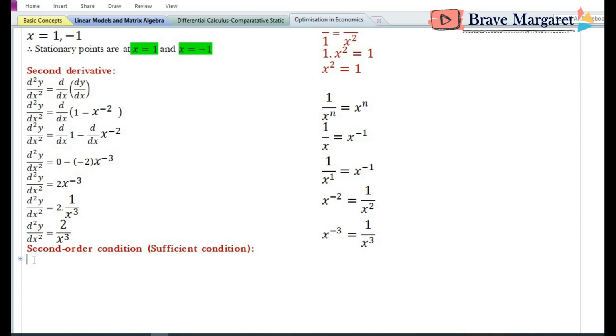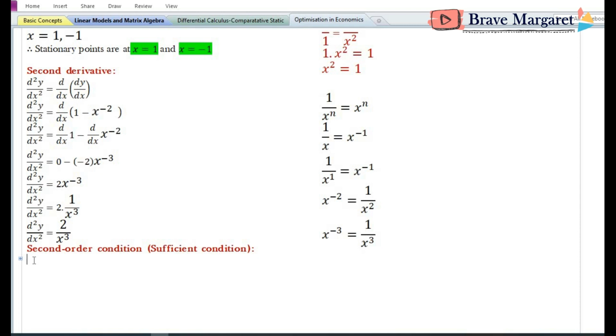According to the second order condition, at a certain value of x, if the second derivative of the function is greater than 0, that is, it is positive, then it ensures that the function has a concave upward graph and has a minimum value.